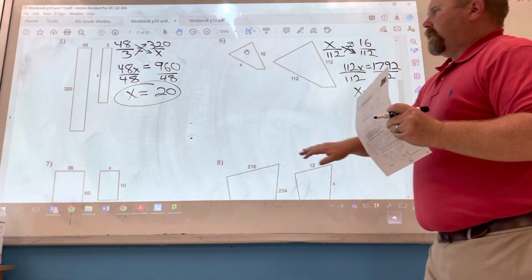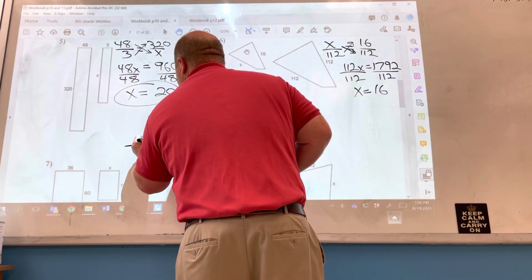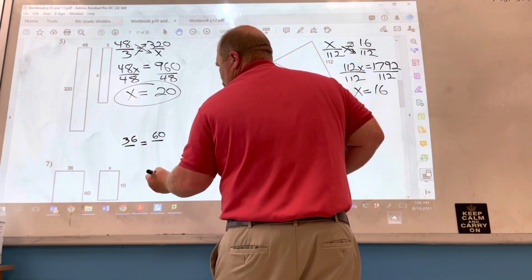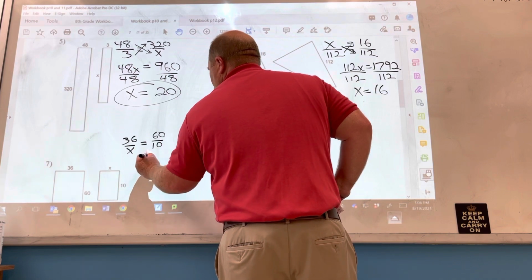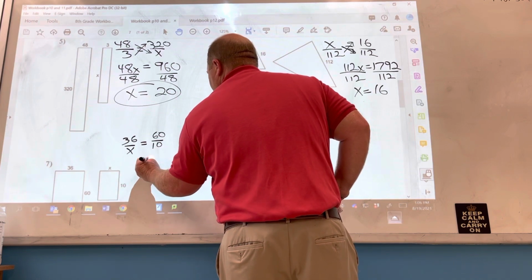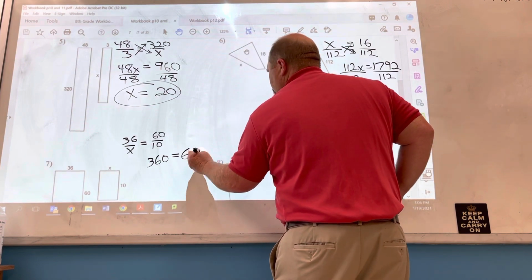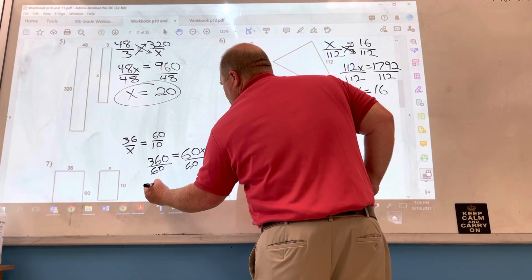Okay. Problem 7. 36 and 60. X and 10. Cross multiply. That gives me 360 equal to 60x. Divide both sides by 60. 6 equals x.